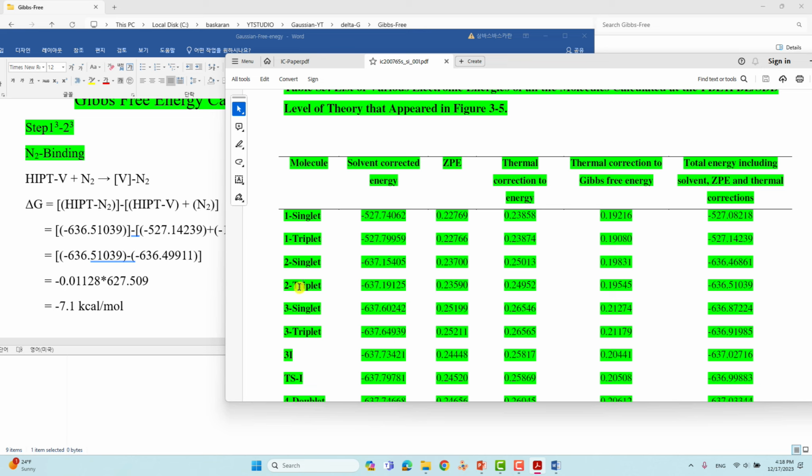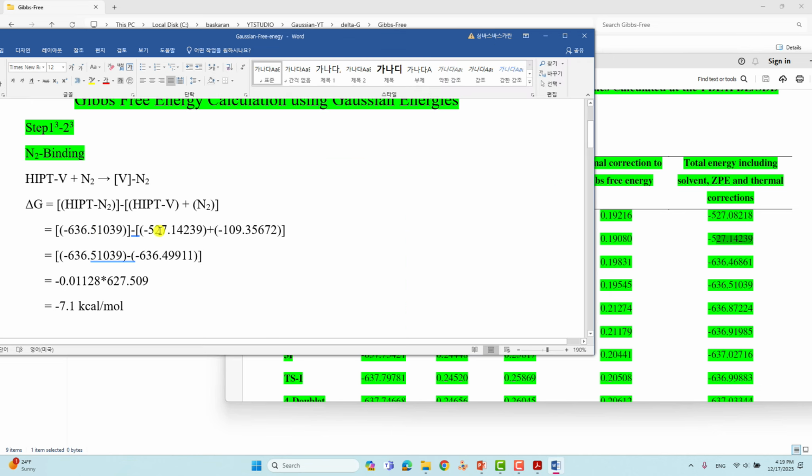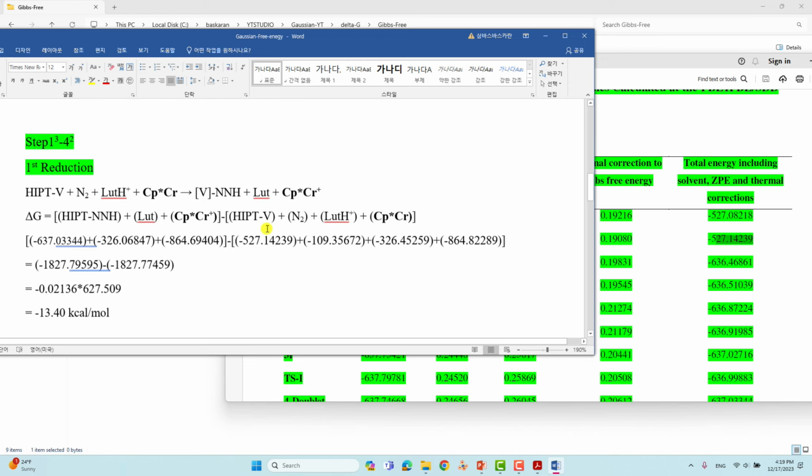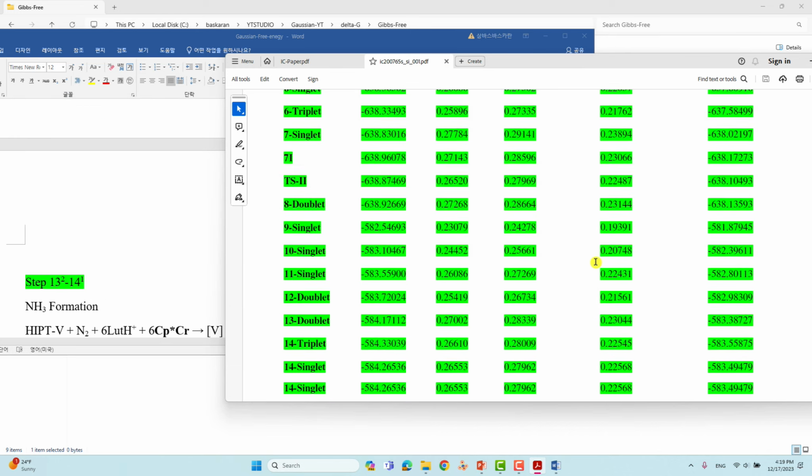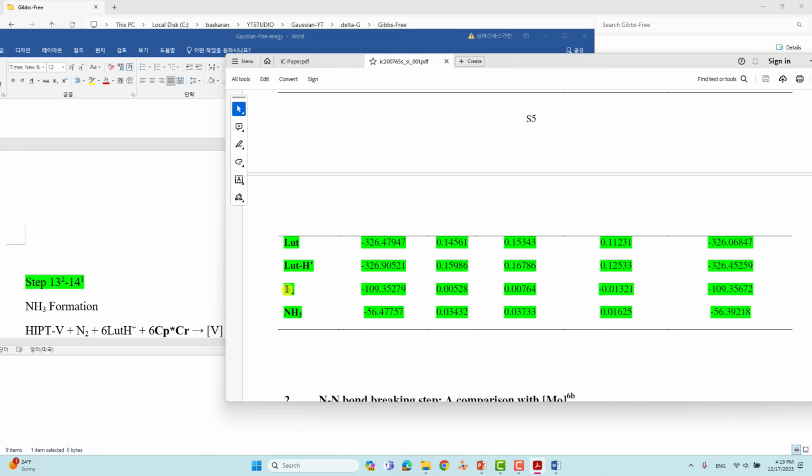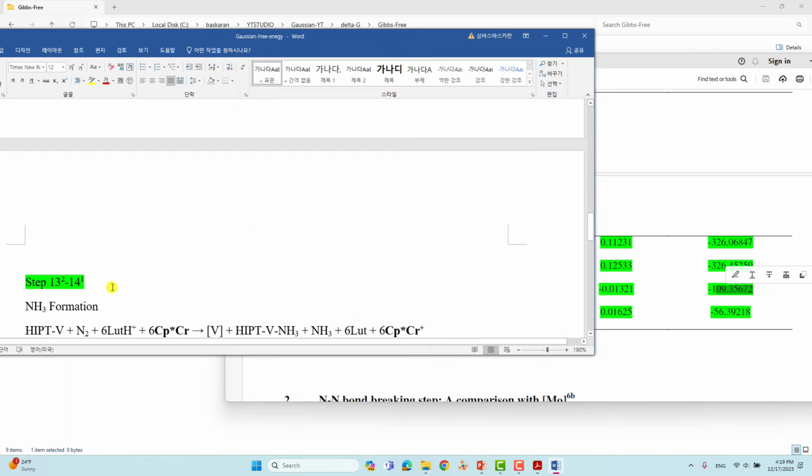We have to take these triplet energies. So I took that triplet energy, 527 142 39. This is the triplet state energy. Here also I took the triplet state energy of this catalyst. Here is the free N2 energy. You can go down and find that N2 energy. This is the N2 molecule, 109.35672.